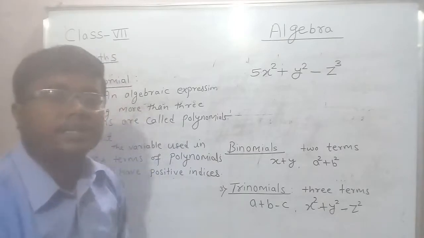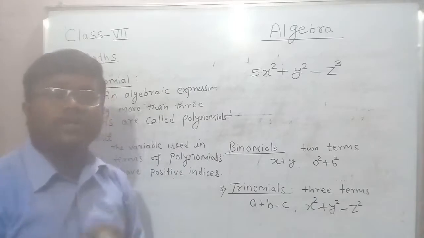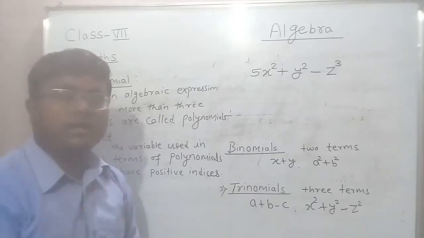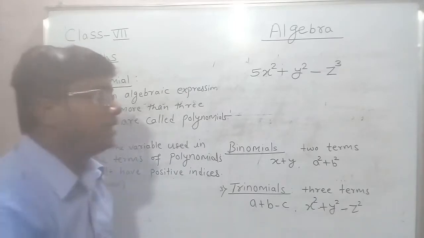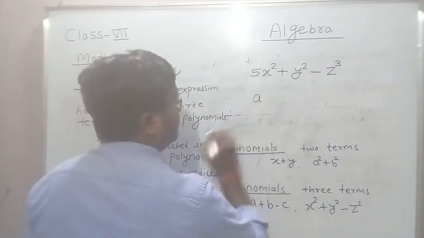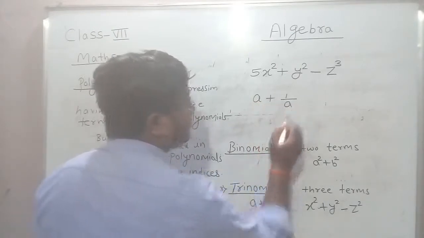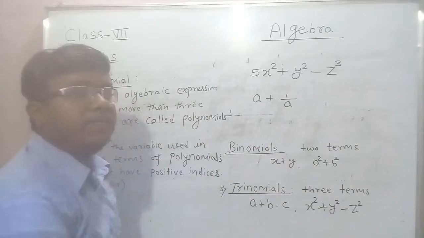If it has a negative power or fractional power, or square root, cube root, or a root symbol is there, then it is not a polynomial. For example, a plus 1 upon a. Is it a polynomial or not?